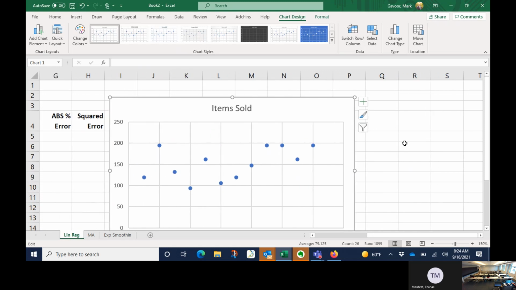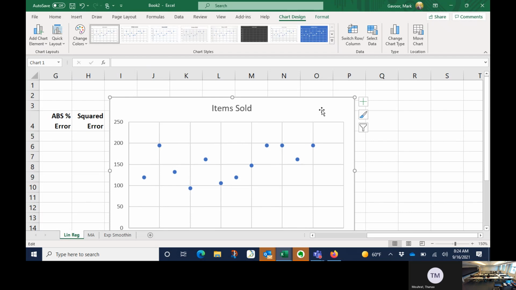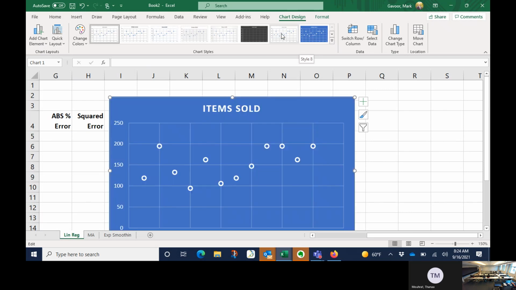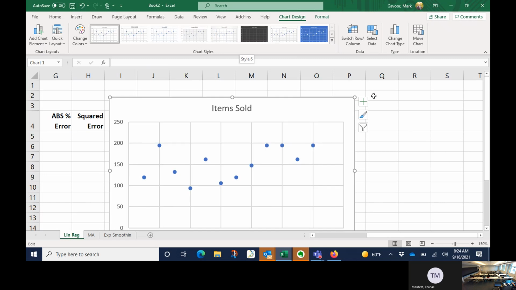But now I want my regression equation in there, don't I? So if I click on an object like a graph, I can change the colors and make it black. I don't care how you make that. But what I'm interested in is, go here. It always gives you an option for chart design.